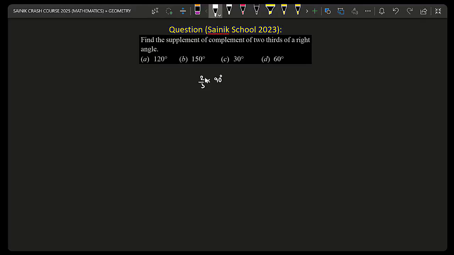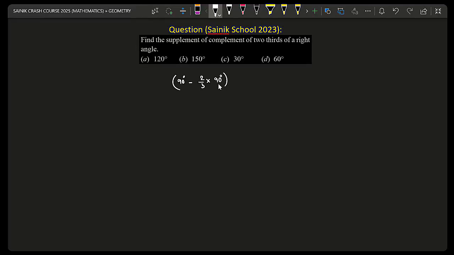Next, complement of. Complement of means subtract from 90. So 90 minus this angle will give you the complement. Now for whatever angle we get, we need to find what? The supplement.